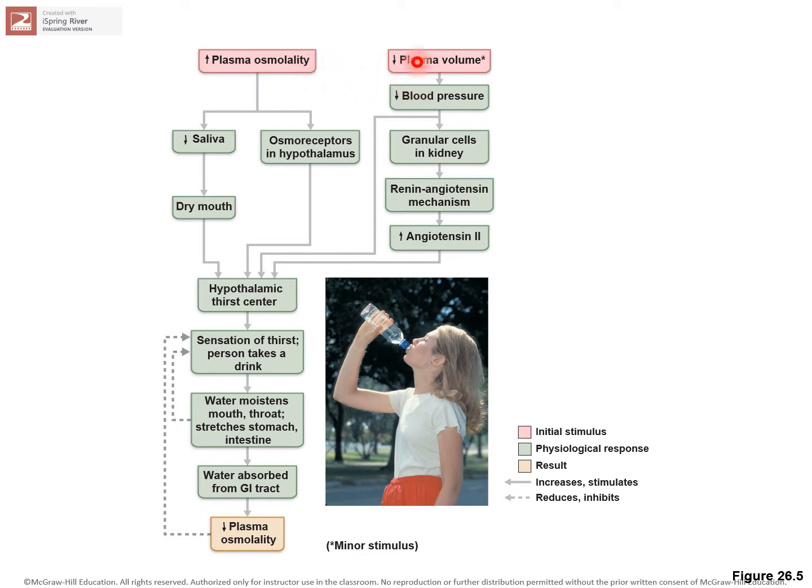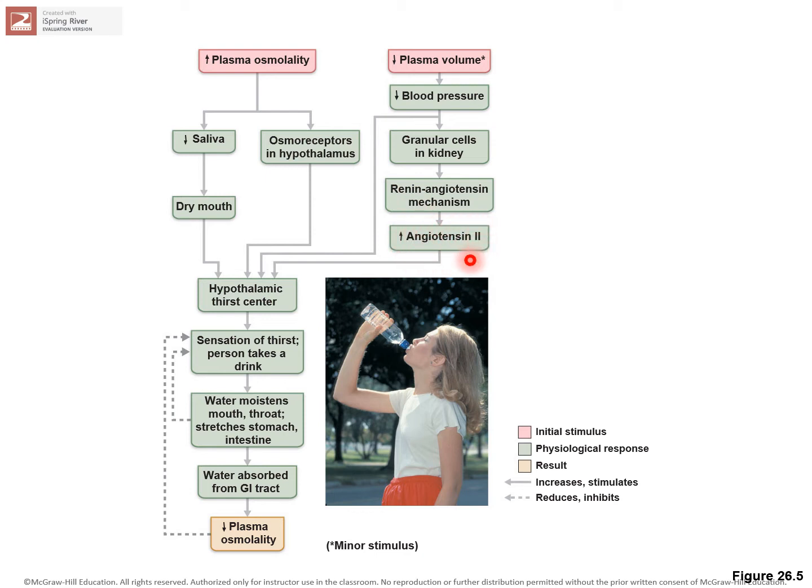So when we have low plasma volume, this leads to decreased blood pressure and decreased glomerular filtration rate. This triggers the granular cells in the kidney to secrete renin. Okay, renin is the enzyme and a hormone that leads to the activation of angiotensin 2.